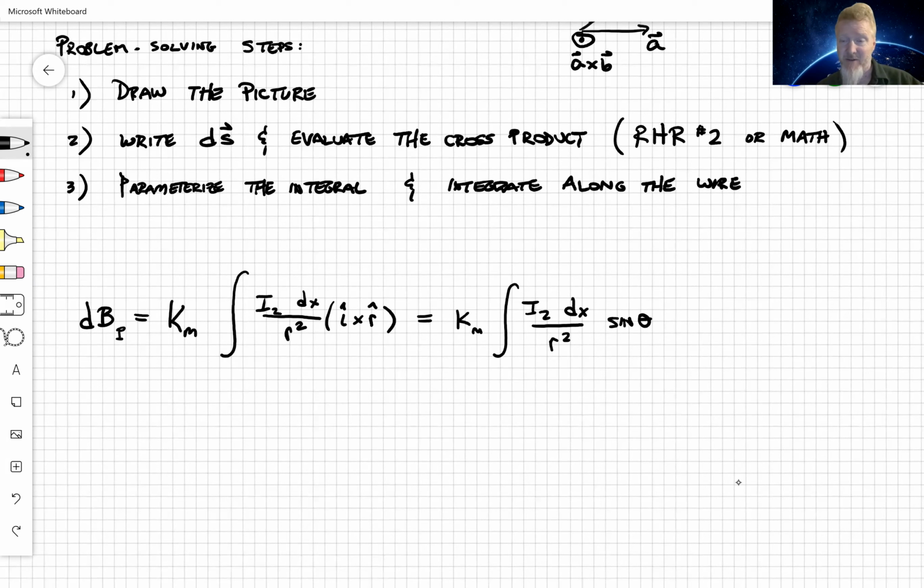They're not at right angles. So I've got to have a sine in there, and I'm going to have a z hat. So that's the result of my cross product involving I hat cross r hat. They're not at right angles, well, until you get to the point where they are, but that's the only point that they are.